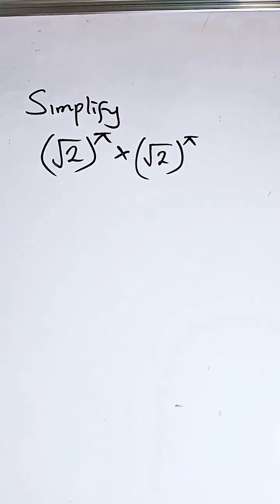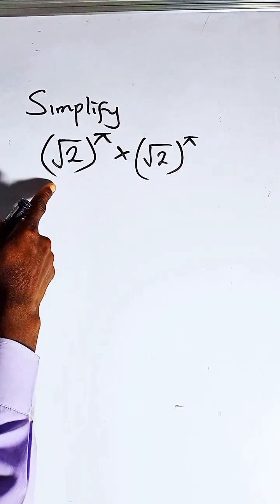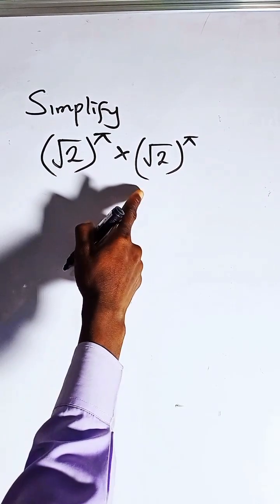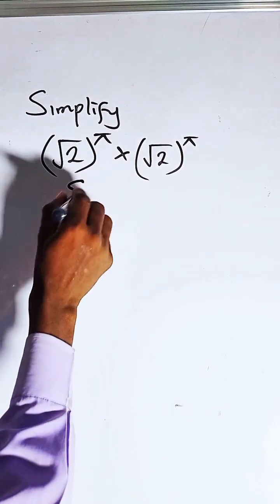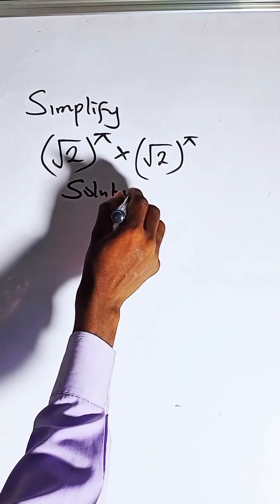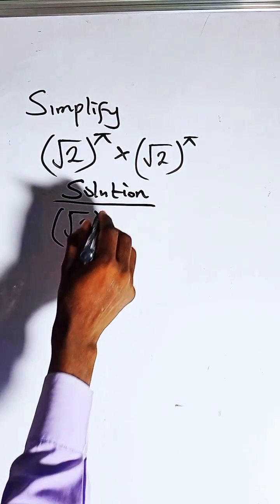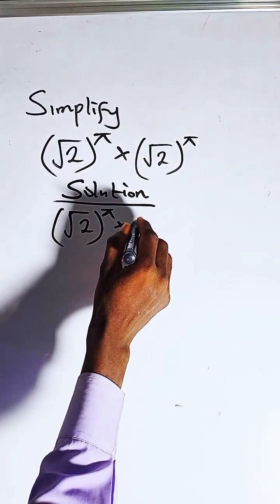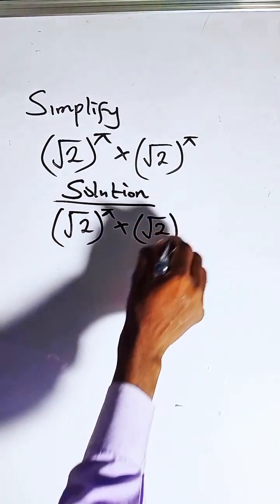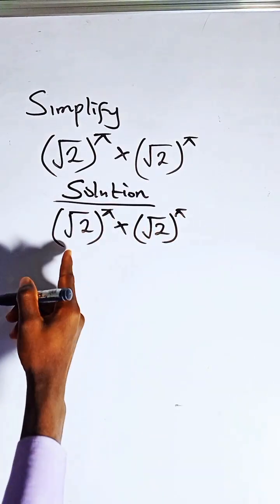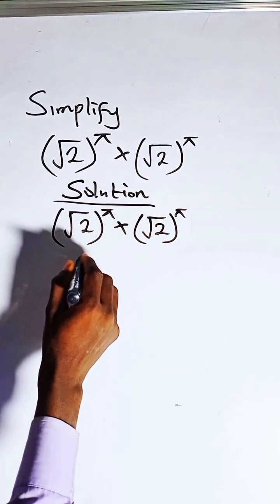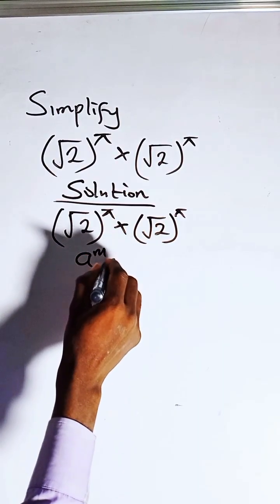The question says simplify root 2 raised to the power pi times root 2 raised to the power pi. How do we do this? Solution. We have root 2 in parentheses raised to the power pi, times root 2 raised to the power pi. Since we have the same base, let's apply the law of indices for the same base.